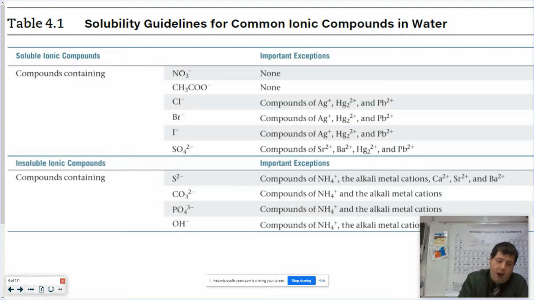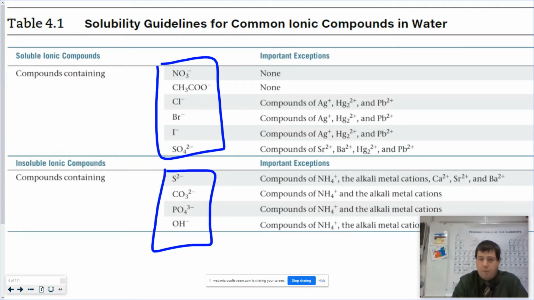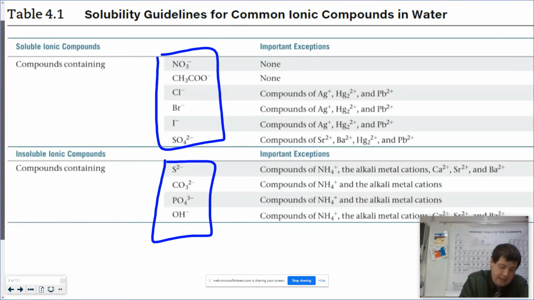Everything in this column here, these are all soluble anions, and these here are generally insoluble, of course, with some exceptions to both. Now, this would be a lot to memorize. You do not need to memorize all of this chart. However, for AP Chemistry, there are 3 solubility rules you do need to know.